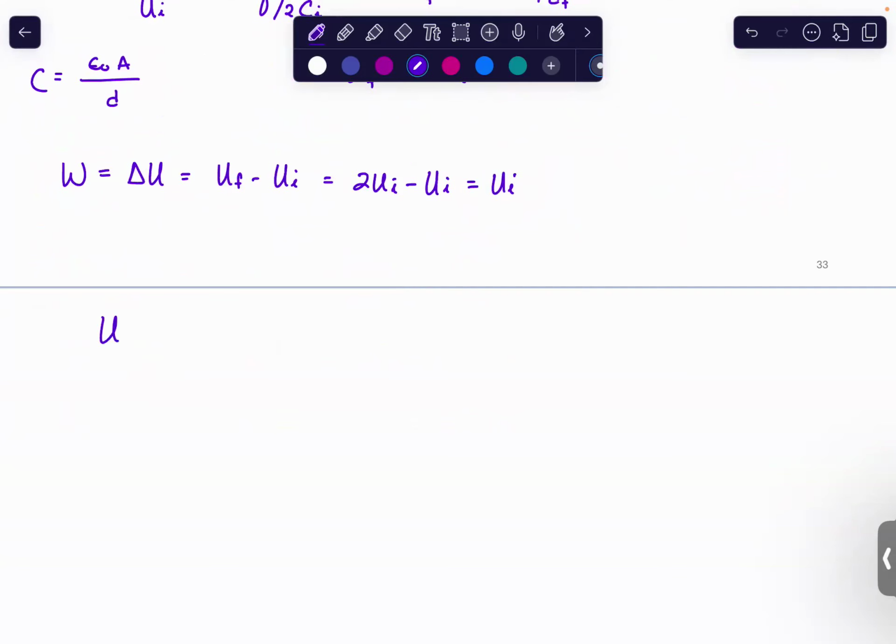So we want the potential energy initial, which will be the potential energy of our capacitor.